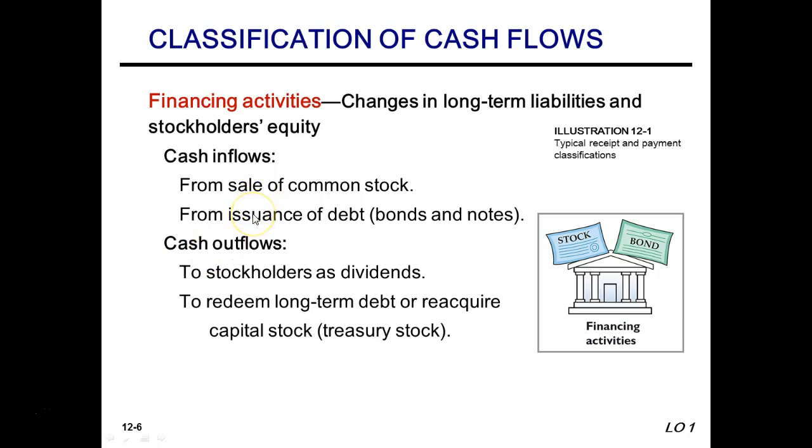We could issue debt, bonds and notes. We could sell stock. Outflows in this category would be when we pay our stockholders dividends, or, remember we talked about treasury stock in Chapter 11, when we buy back our own stock, or when we redeem long-term debt.